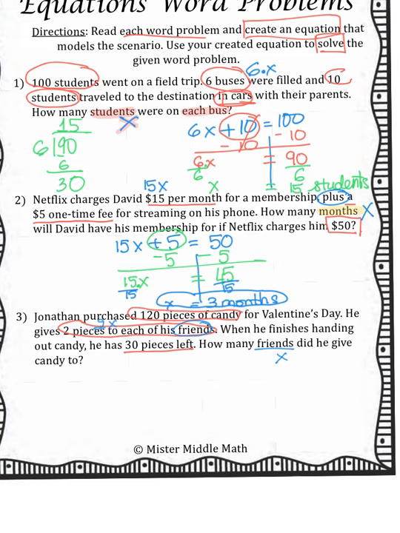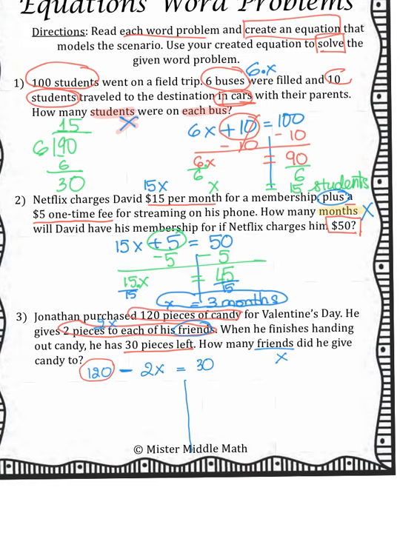He purchased 120 candies. And then we're going to subtract 2 pieces for each friend, 2X. And he has 30 pieces left. That is your equation.